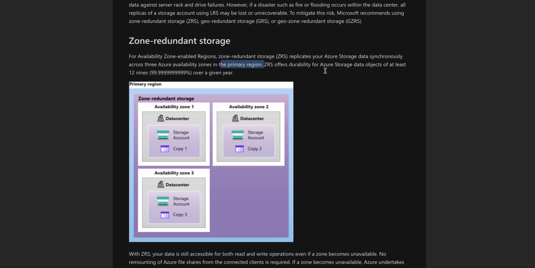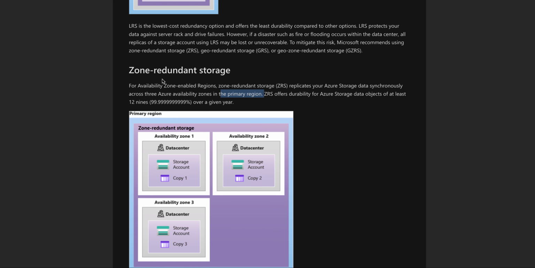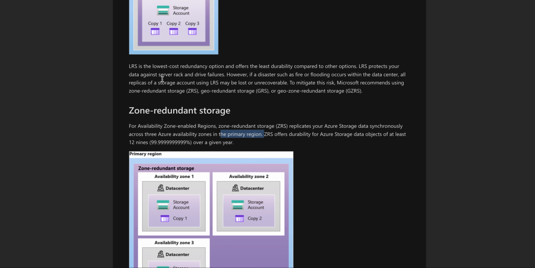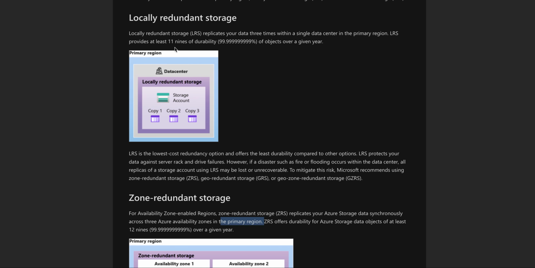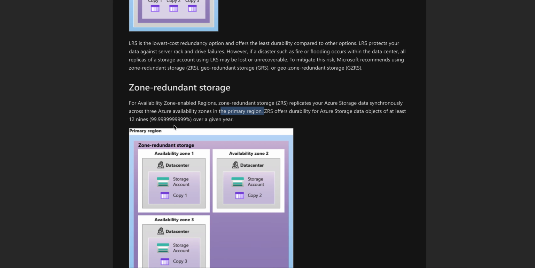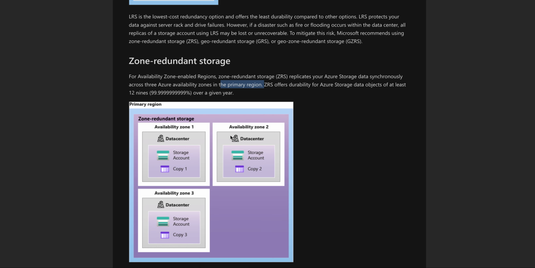ZRS offers durability for Azure storage data objects of at least 12 nines. For locally redundant it was 11 nines. There's 12 nines over a given year.